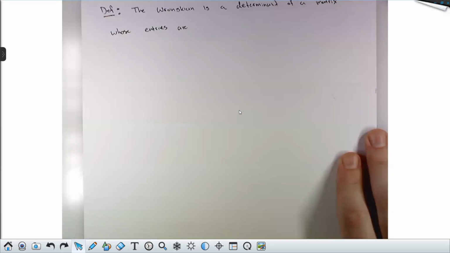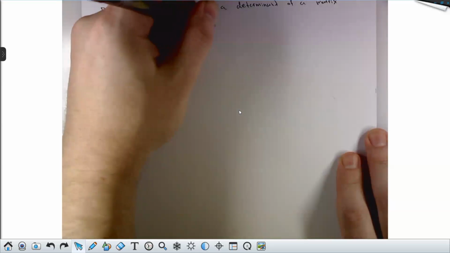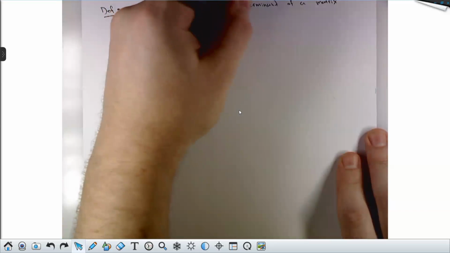The Wronskian is a determinant of a matrix whose entries are functions and their derivatives.